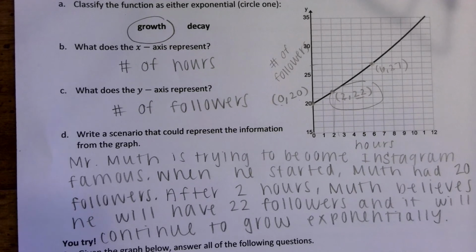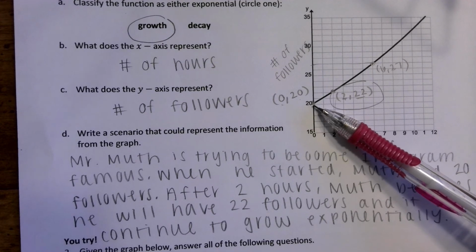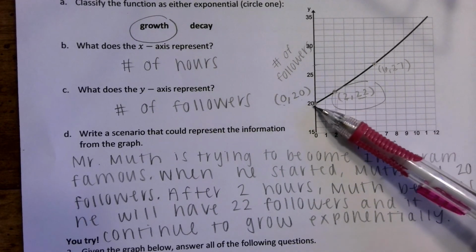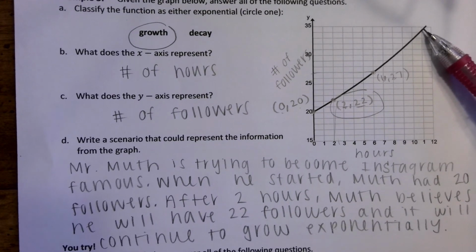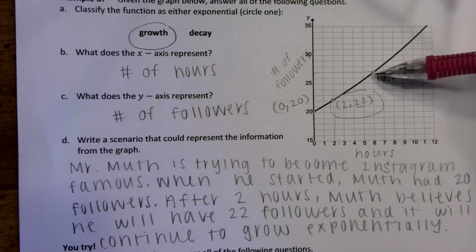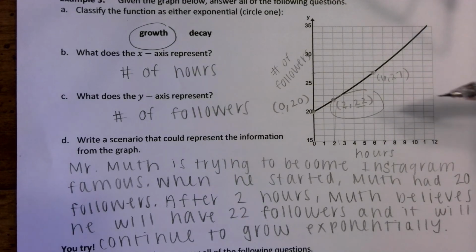So there's lots of different scenarios you can choose here. Some common ones, you could look at the value of something. So maybe you started off buying some kind of sports memorabilia that was worth $20, and as every year goes by, it is going to increase in value. So after 6 years, it would be worth $27 now instead of $20.